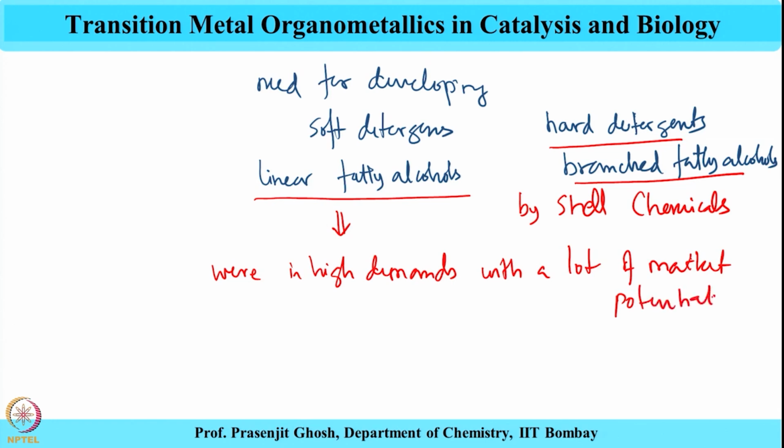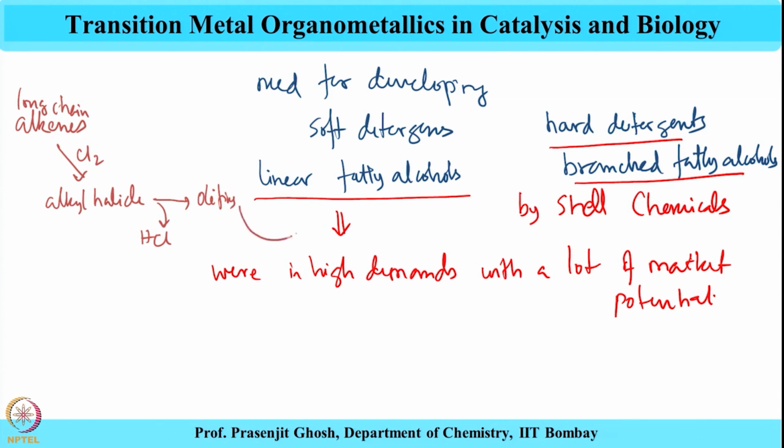So, the idea was to access these long chain fatty alcohols, and they primarily were being produced from alkenes in the presence of chlorine to give long chain alkyl halides, which would undergo HCl elimination to give olefins.